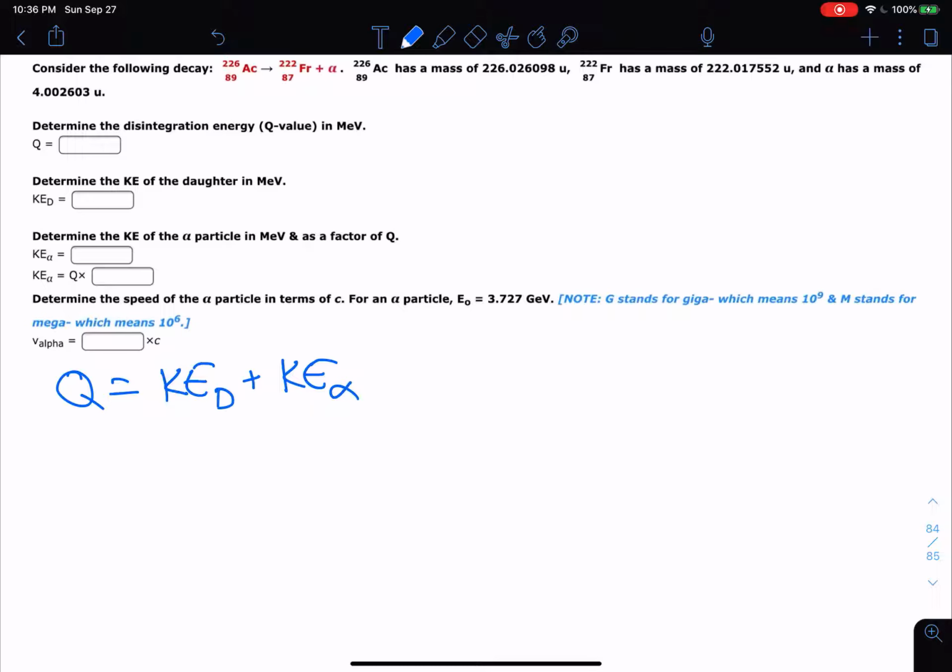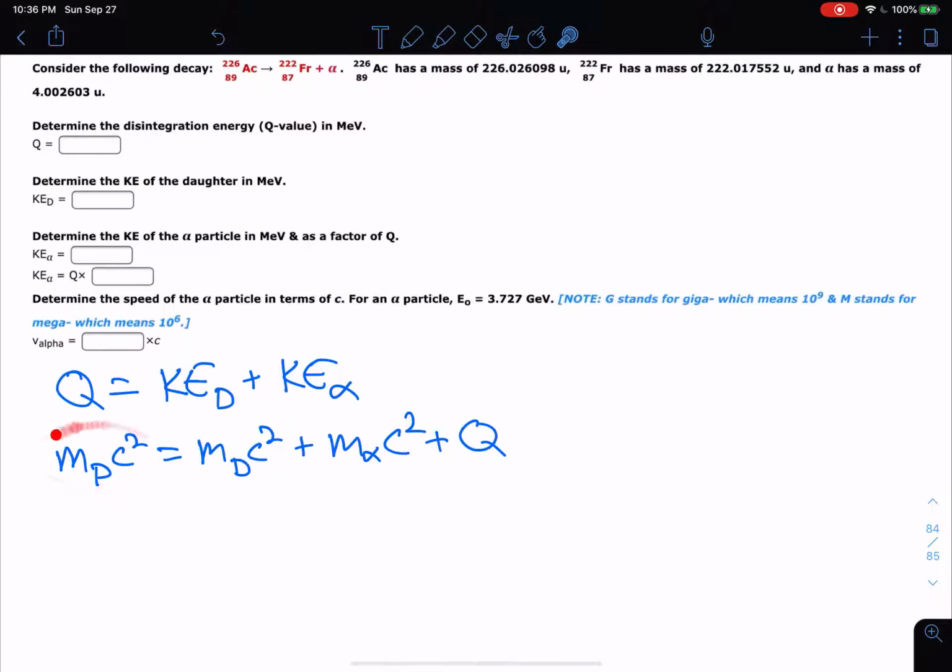So what we have to use instead is this other formula: the rest energy of the parent nucleus equals the rest energy of the daughter nucleus plus the rest energy of the alpha nucleus plus the Q value. Where did this formula come from? Well, this is actually just conservation of energy. Before the decay, all we have is the rest energy of the parent.